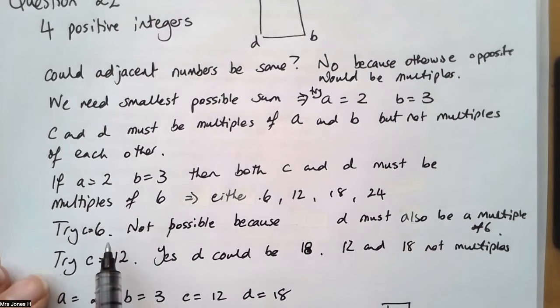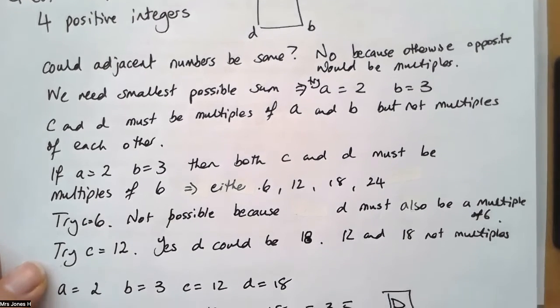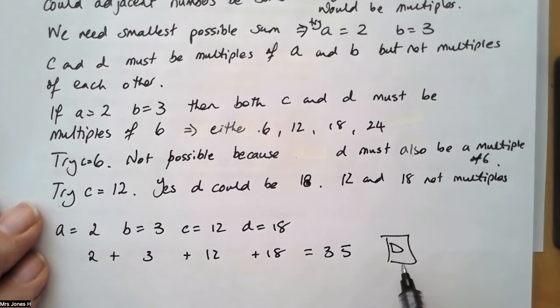So C is not possible. If we try C equals 12, then D could be 18 because 12 and 18 are not multiples of each other, and therefore we can add those four numbers together to get 35, and therefore the answer is D.